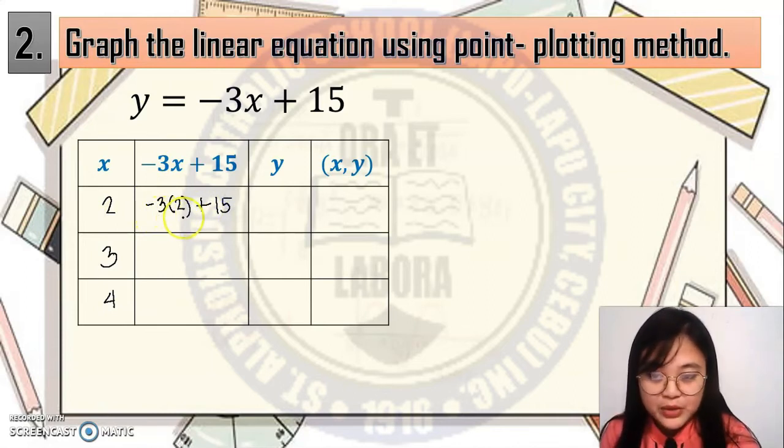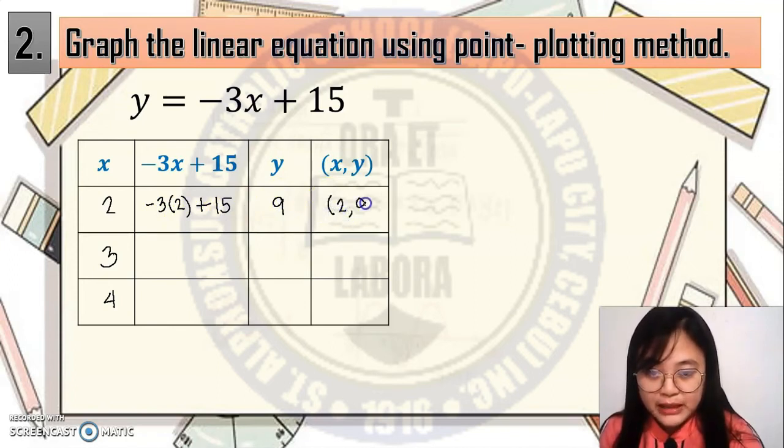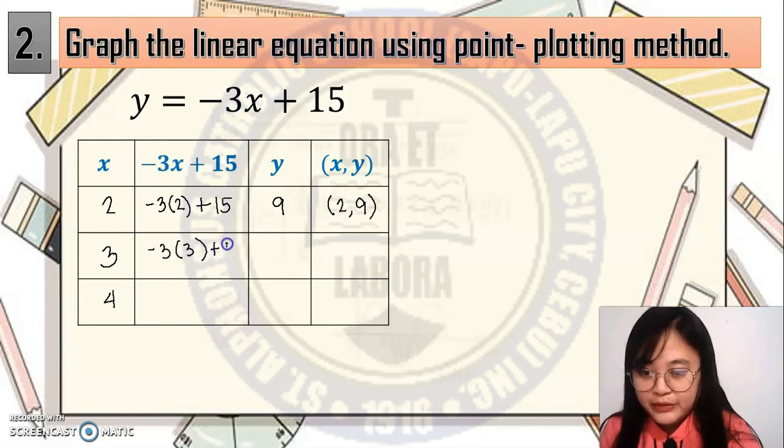So negative 3 times 2 plus 15. Negative 3 times 2 is negative 6 plus 15. So the answer is positive 9. So your ordered pair here is 2, 9. Next, copy negative 3, change x to 3, plus 15. Negative 3 times 3, that's negative 9 plus 15. The answer is 6.